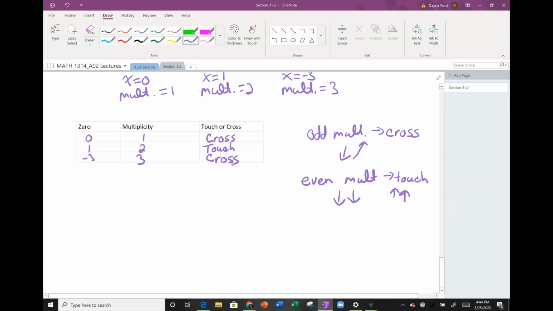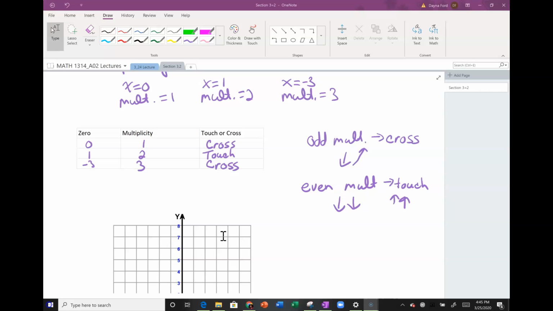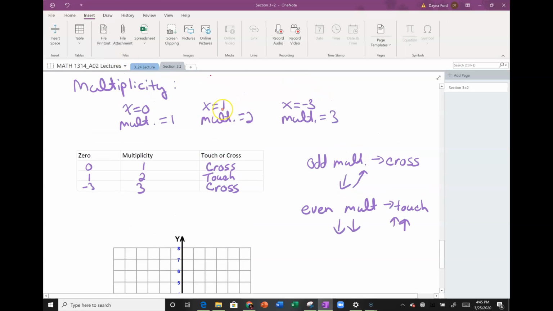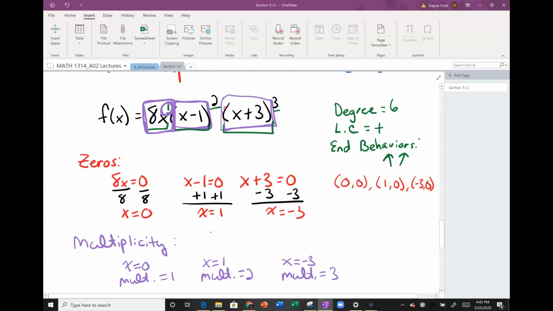Now I want to look at how we would actually graph this. And so I'm going to put in here a little bit of graph paper so that we can look at it. Okay, so I'm going to look at the zeros and the multiplicities and everything and look at how we graph it. Now, if I scroll back up, notice I had that degree of 6 and the end behaviors were going up and up.